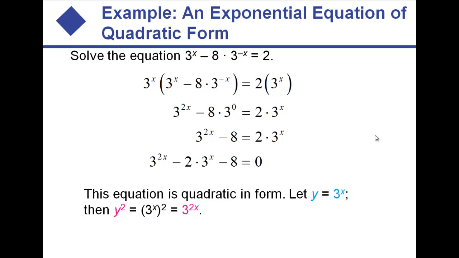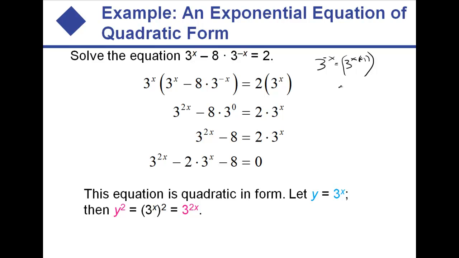How about a similar example? 3 to the x minus 8 times 3 to the minus x equals 2. And this is 3 to the minus x, right? Well, just like when we're dealing with fractions and we want to get rid of fractions by multiplying through, 3 to the negative x is really 1 over 3 to the x. 3 to the negative x equals 3 to the x times negative 1, right?